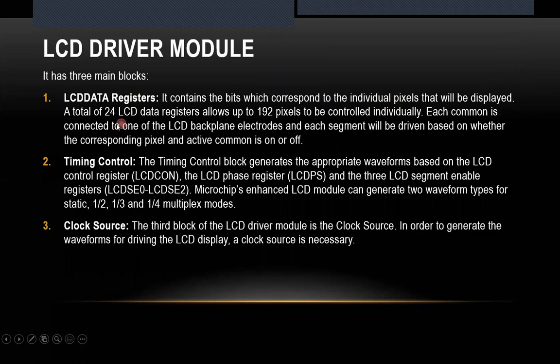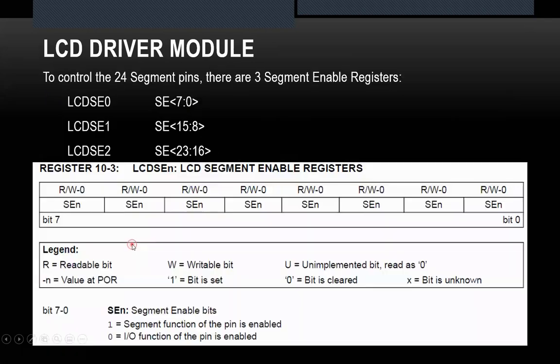In this microcontroller, we have 24 LCD data registers, which allows 192 pixels to be controlled individually. And we have the LCD control register, LCD phase register, and LCD segment enable registers, and the clock source. The LCD segment enable registers are used to enable individual segment bits.